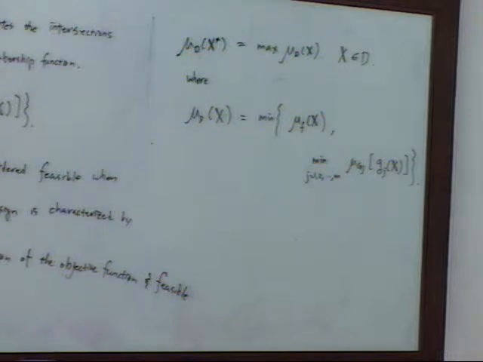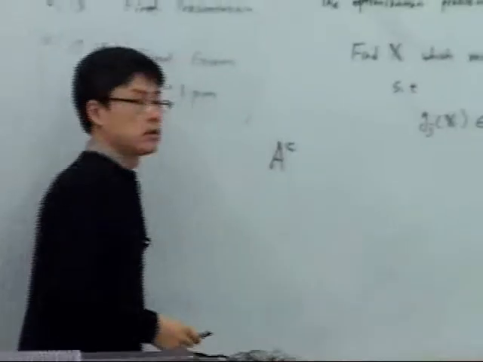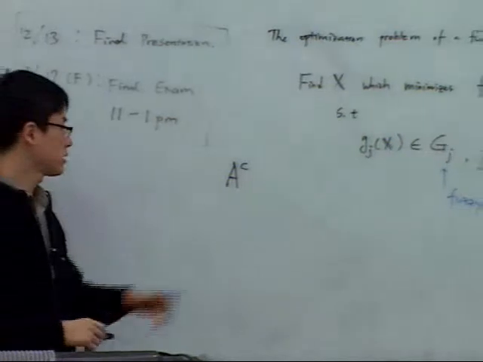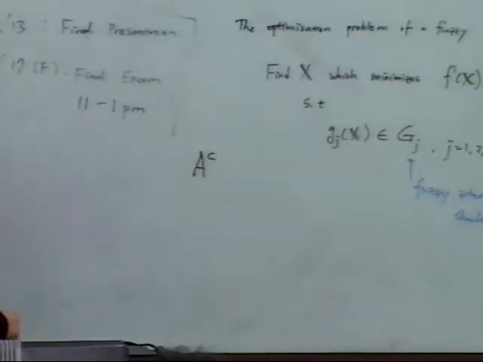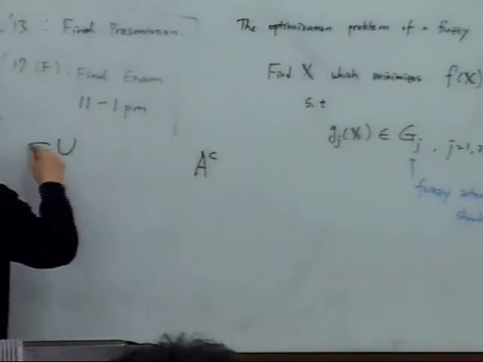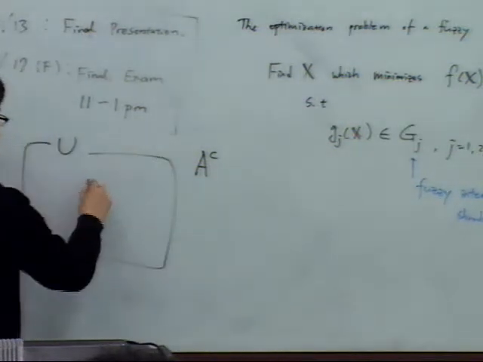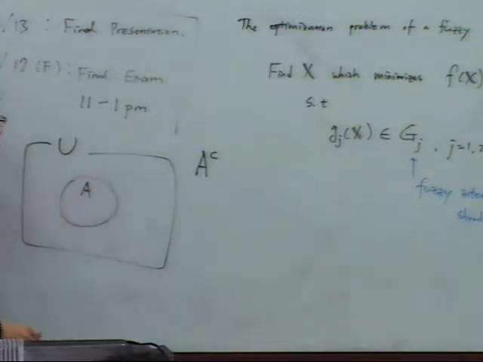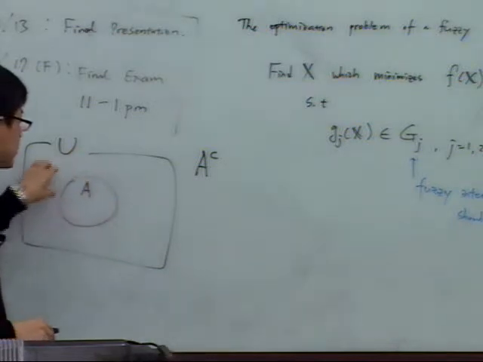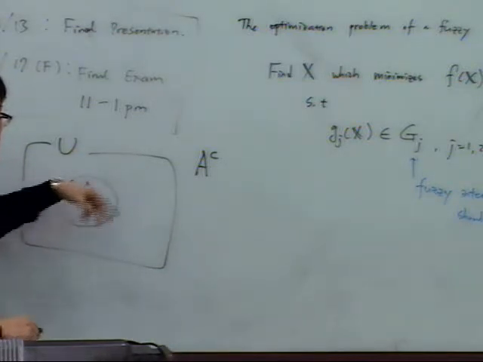Okay, during this explanation, I forgot to mention the complementary. If you have a set A, the complementary of set A is given like this. If this is your universe, this is your set A, the complementary of A is the rest of that, right?